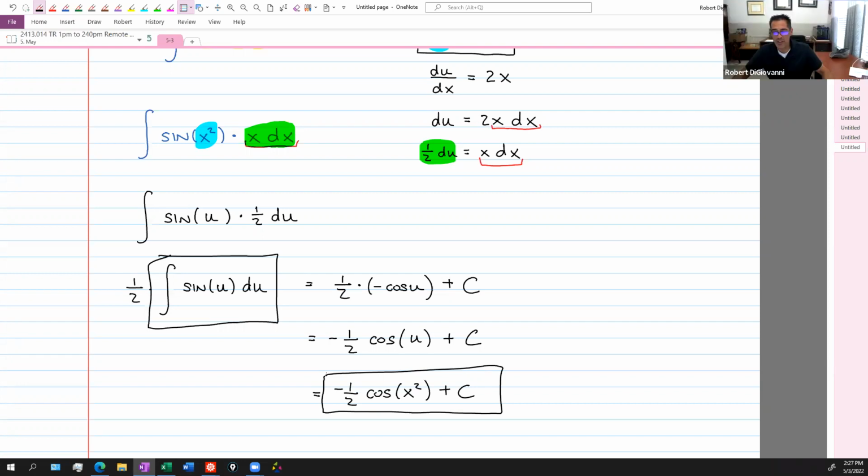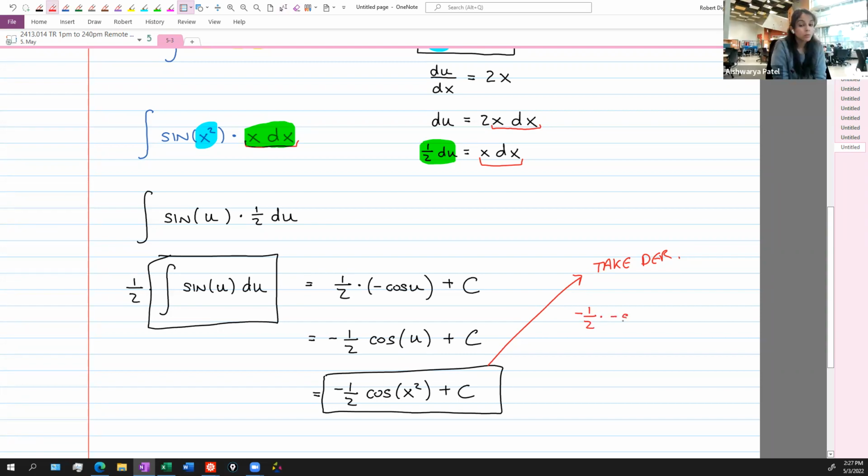I'll go through this again, okay? But let's just check to see that that's correct. Is this the correct answer? How could you check? Take the derivative, right? Take the derivative of this. So negative 1/2 would come for the ride. What's the derivative of cosine of something?